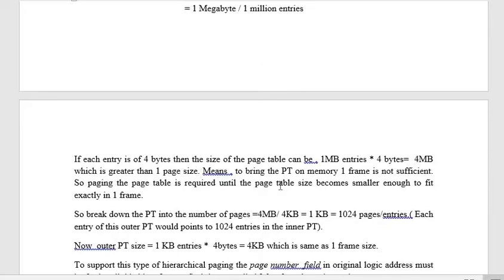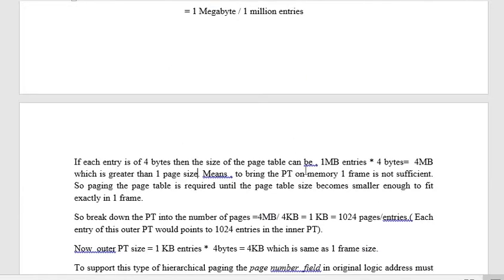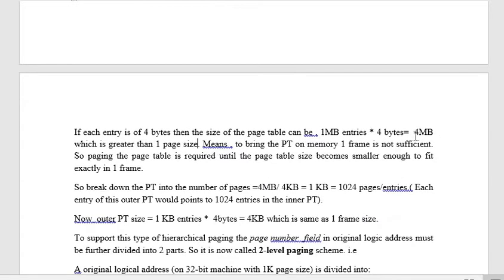because I have the page size of only 4 kilobytes. But when you look at the page table size, it is actually 4 megabytes, which is more than 1 page size.